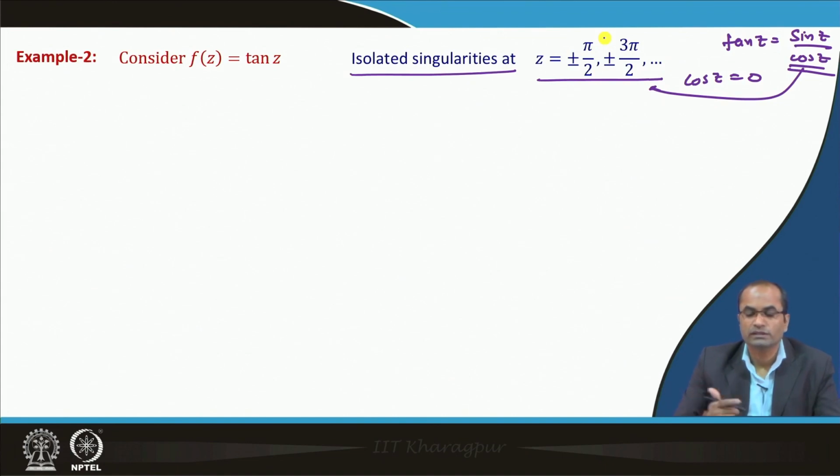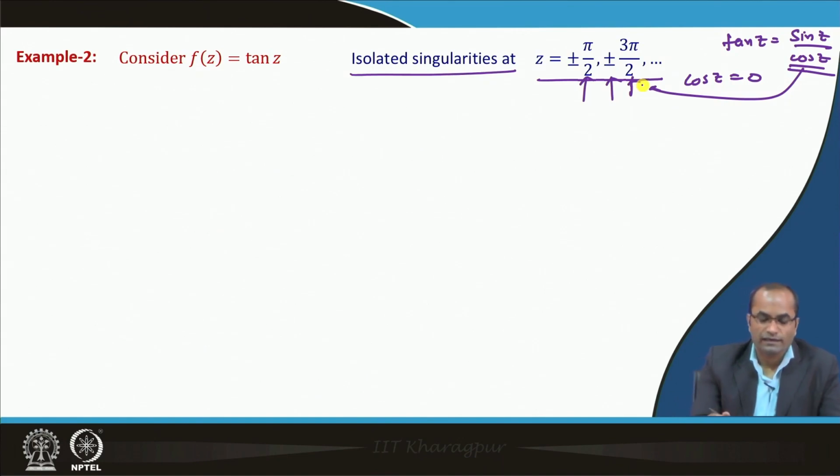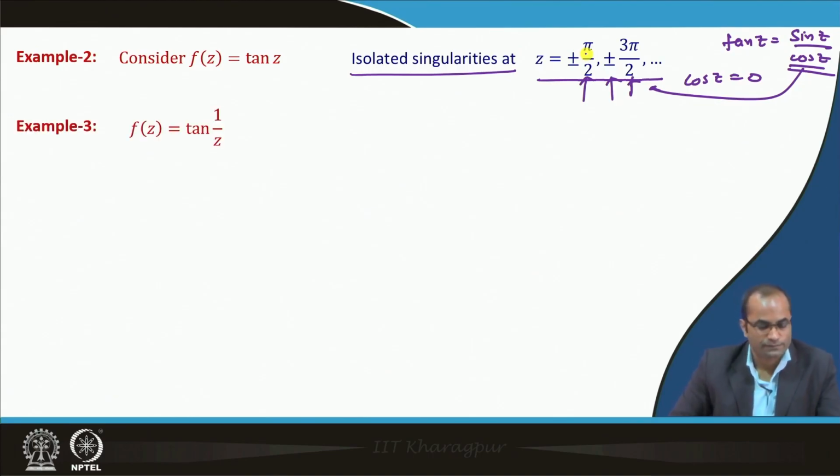At all these points the function becomes infinity, so it is not defined and there is no analyticity. At all other points the function is analytic, so the definition of a singular point is satisfied. In the neighborhood of these points the function is analytic, only at these points it is not, and therefore these are the isolated singularities of this function.